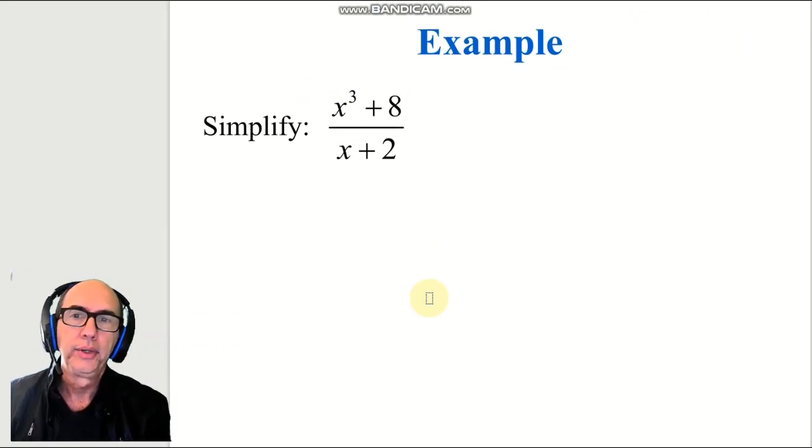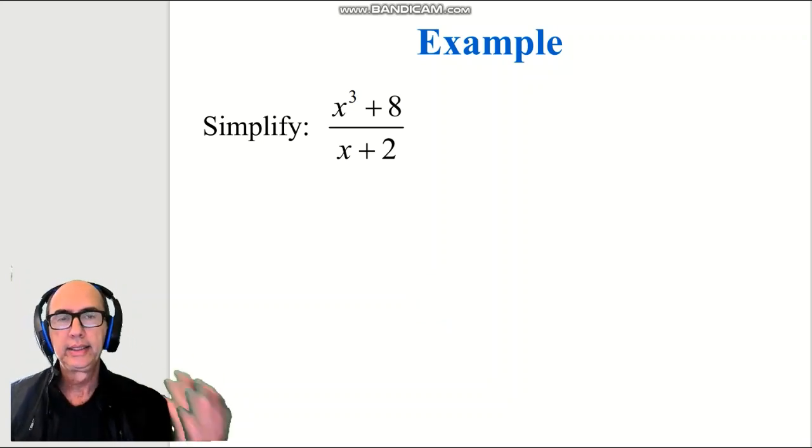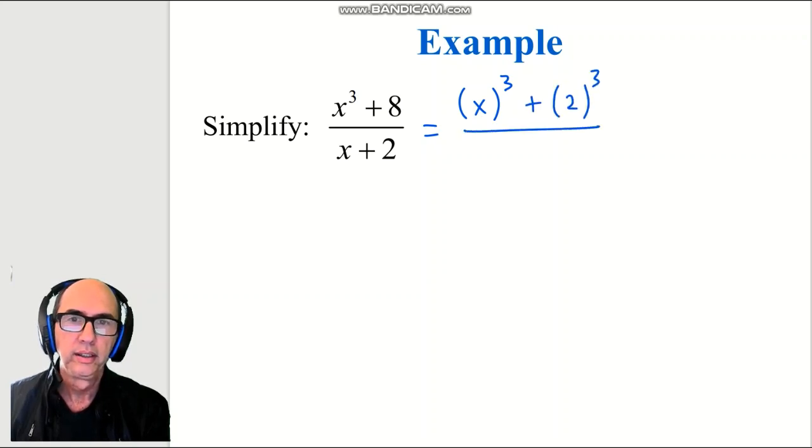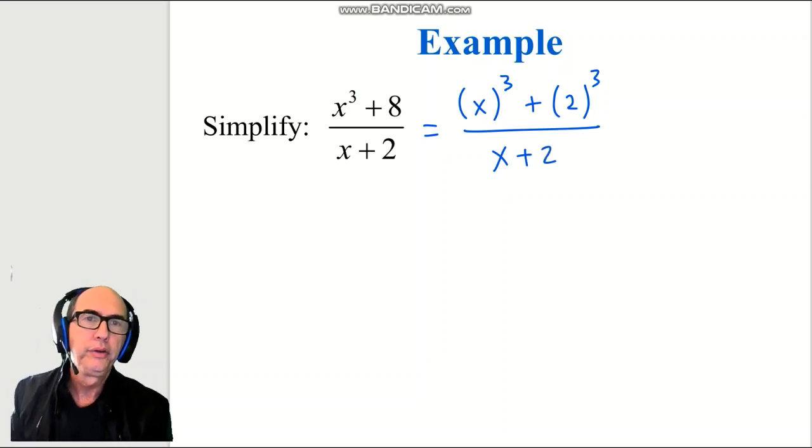Look what we have now, x cubed plus 8 divided by x plus 2. Remember last section 5.7, right? On the top we have the sum of two cubes, x cubed plus 2 cubed. On the bottom, x plus 2. And we will use the formula.